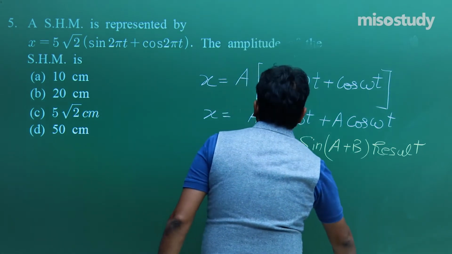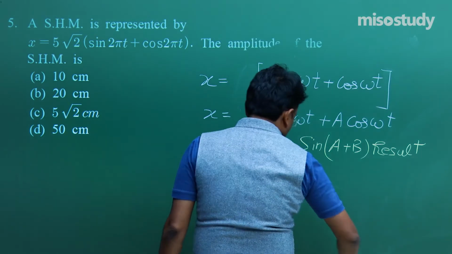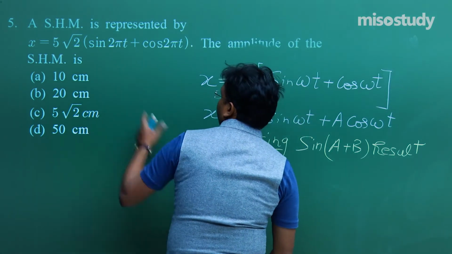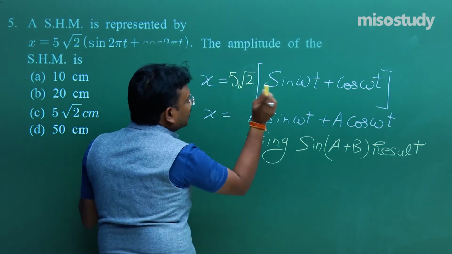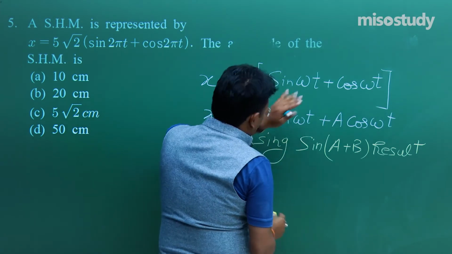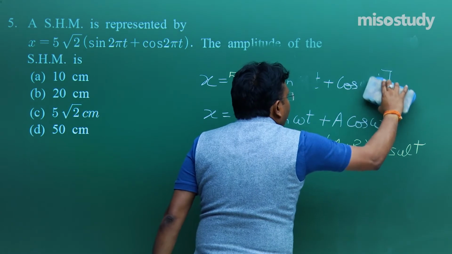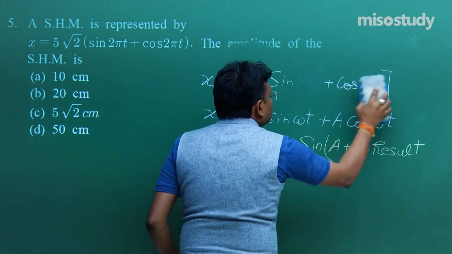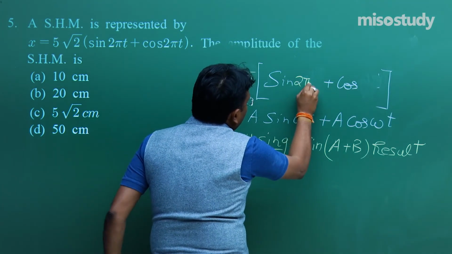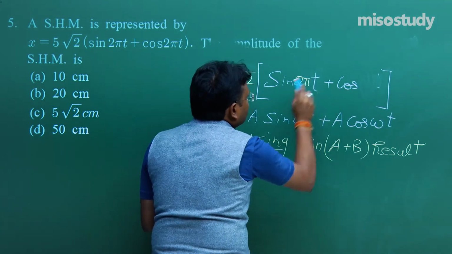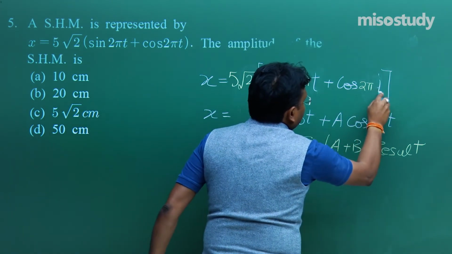So let me change this term over here just for your understanding. So students, it's 5 root 2 rather than a, and rather than omega t, it is 2 pi t.